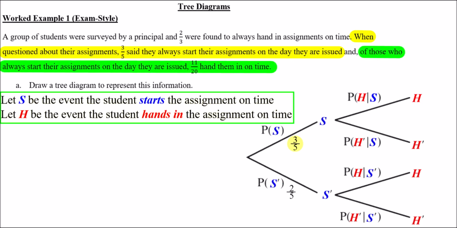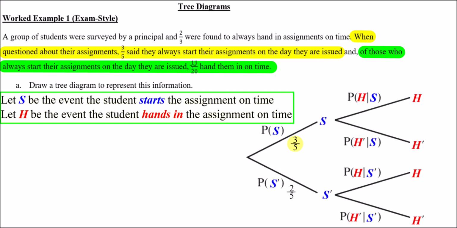Next it says, of those who always start their assignments on the day they're issued, 11/20 hand them in on time. So, 11/20 hand them in on time, but only of those who started their assignments on that day. So, this is given that they started it on time, then the probability that they would then hand it in on time once they started it on time would be 11/20.